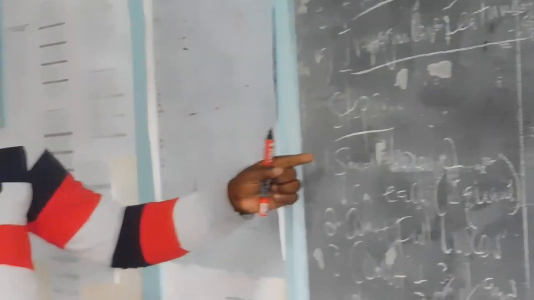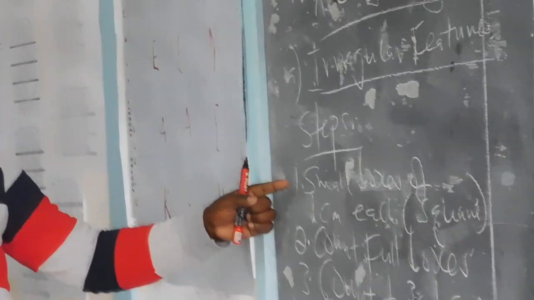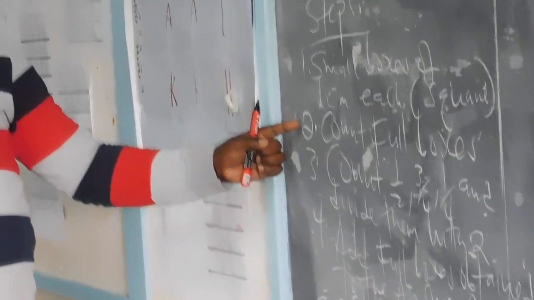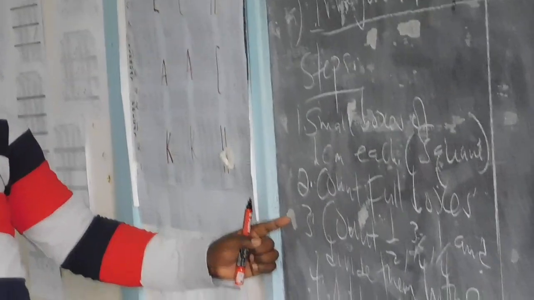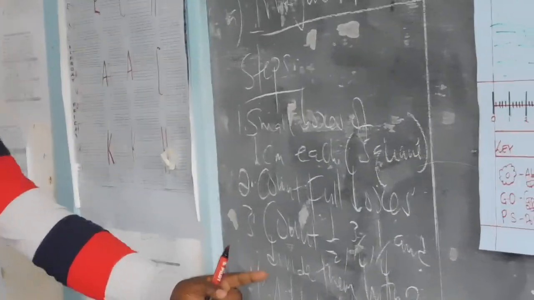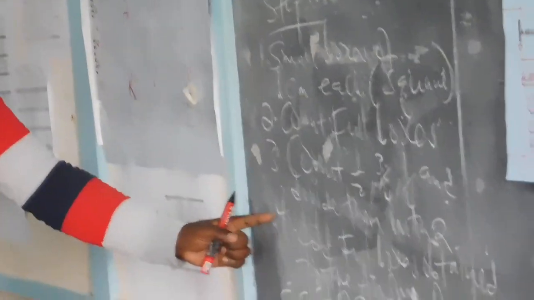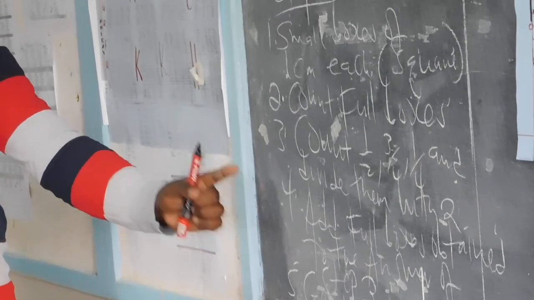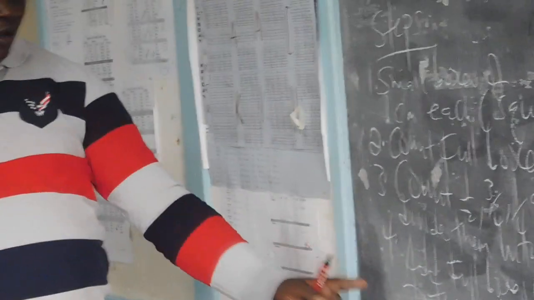The way I've just said, the first step, please, I want you to read the first steps and then you see what I've said. The first steps, I said we do what? Make small boxes of 1 centimeter each. 2, count full boxes. 3, count half, 3/4, quarter, and divide them by 2. 4, add full boxes to the answer of step 3.